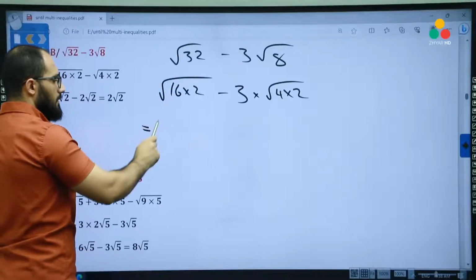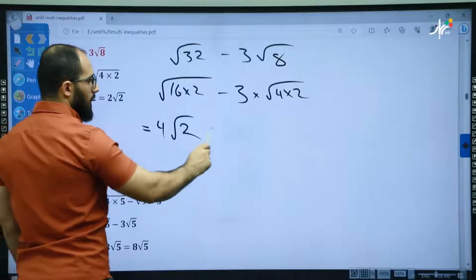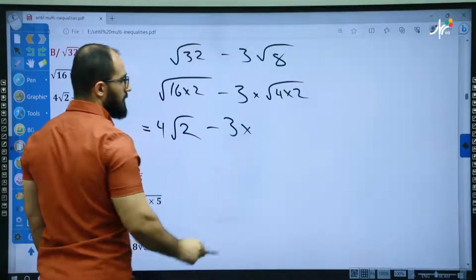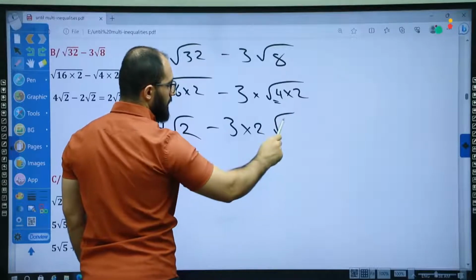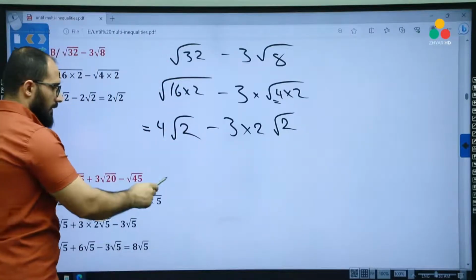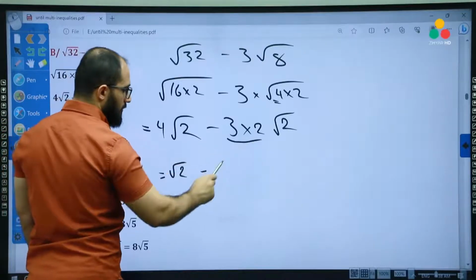Then the square root of 16 is 4, so 4 square root of 2 minus 3 times 4, the square root of 4 is 2, and 2 stays under the square root. Then equal 4 square root of 2 minus 3 times 2, 6.